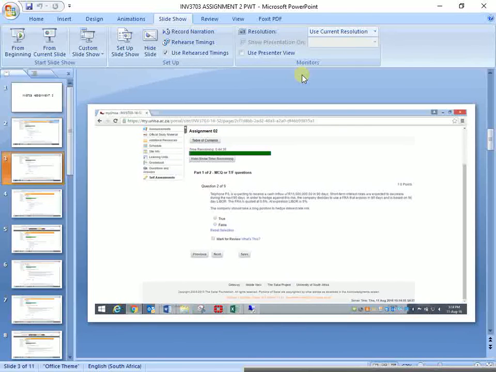What is the focus here? It's a theory question, and this is looking at FRAs, which we did do. The company should take a long position. Is that true or false?